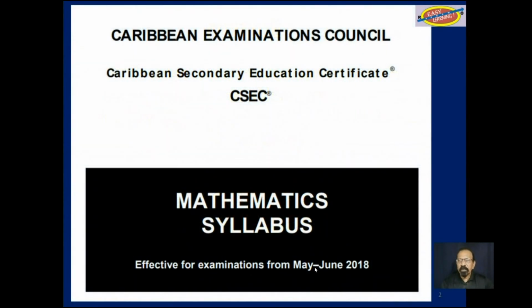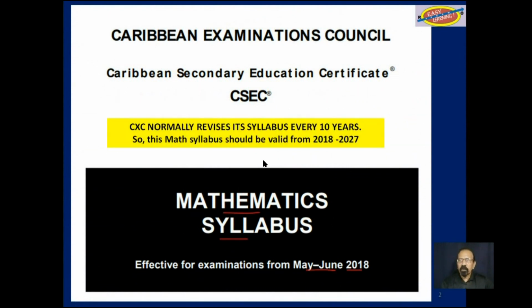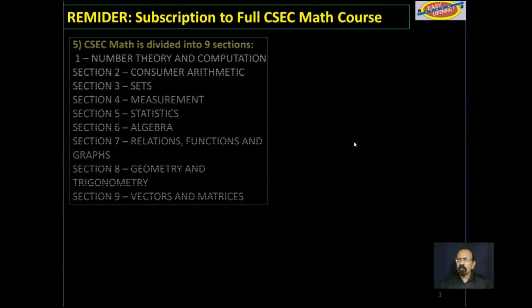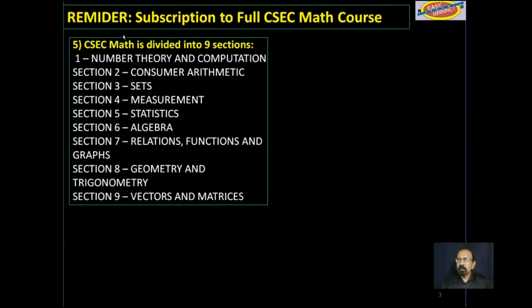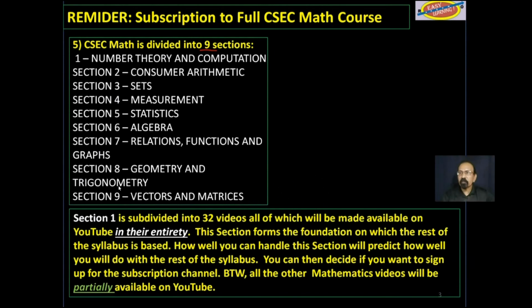We are continuing with the May-June 2018 mathematics syllabus, which runs up to 2027. Just a reminder that the syllabus is divided into 9 sections, as you can see here.